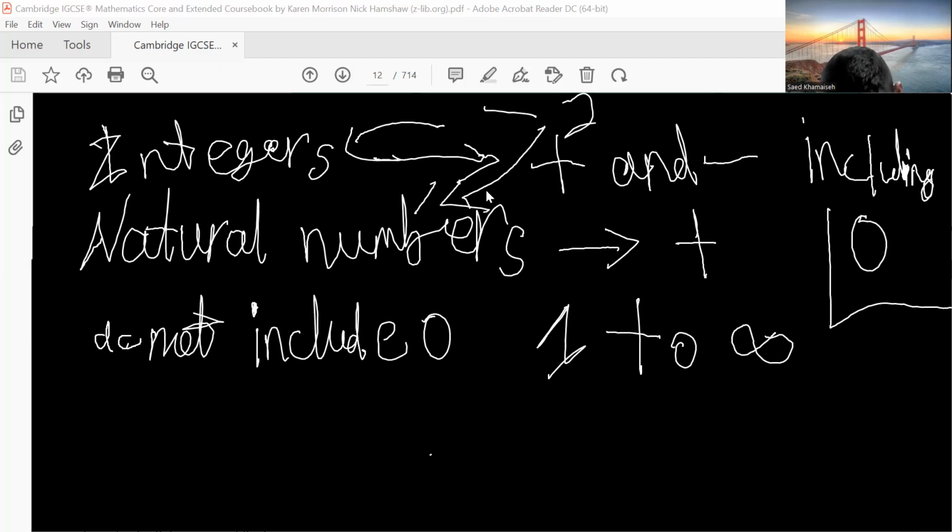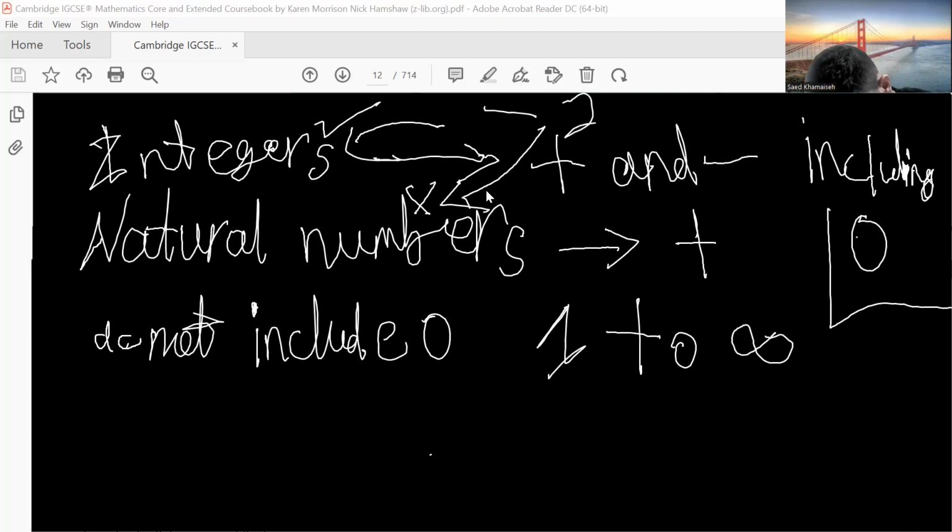But if they put to me 0 and -2, they are integers, not natural numbers. But if it is 2, 1, any number from 1 to infinity, say a million, a million is an integer and a natural number. But if they put to me minus a million, it is an integer but not a natural number. I hope that you understand that.